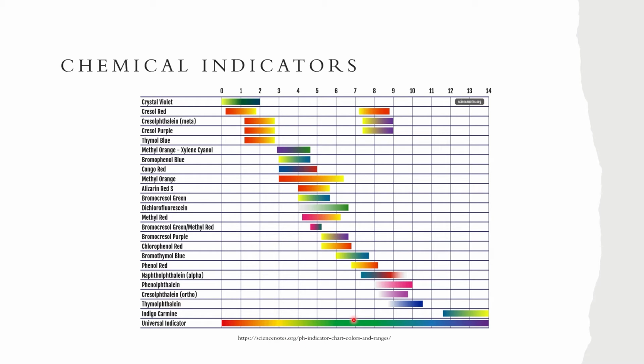Universal indicator is really good at giving a general idea of how acidic or basic something is, but there isn't a lot of precision in being able to read what the turning points are as each color changes. This is why some of these indicators get used all the time as well, because there's a really distinct point where the color changes.